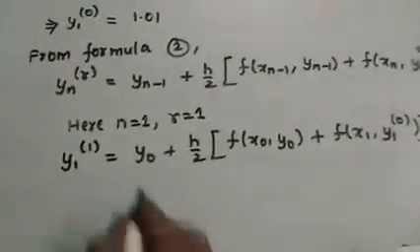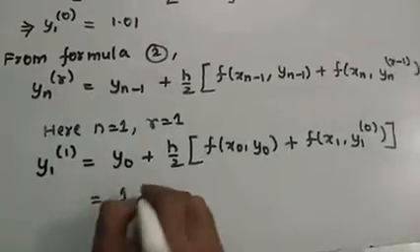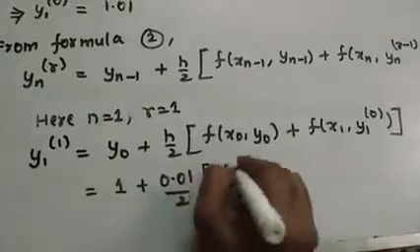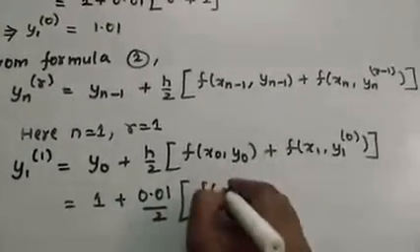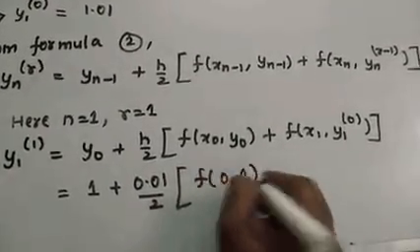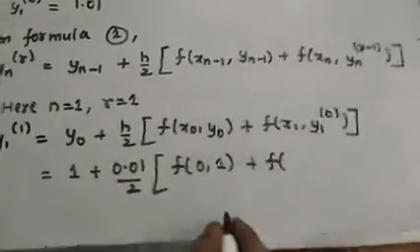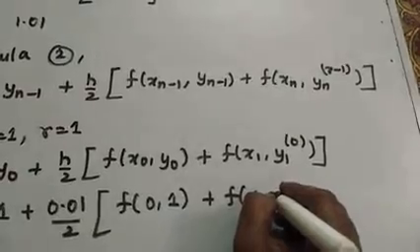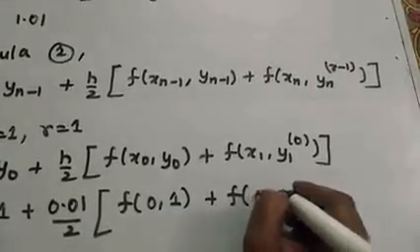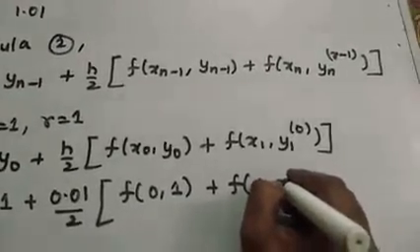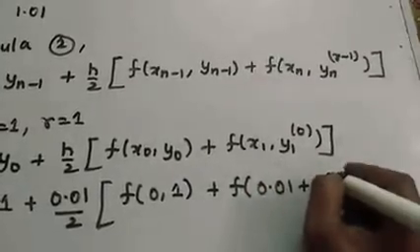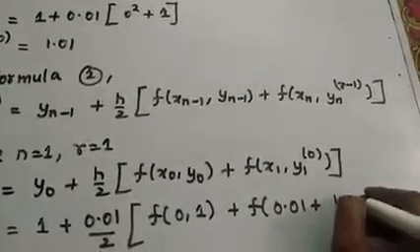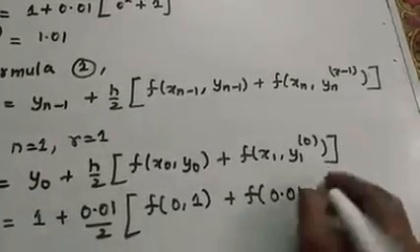Now putting the values, y0 was given to us as 1, h is 0.01 by 2, f of x0 means 0, y0 is 1, plus x1 is given as 0.01 comma y1 0, which we have calculated, that is 1.01.